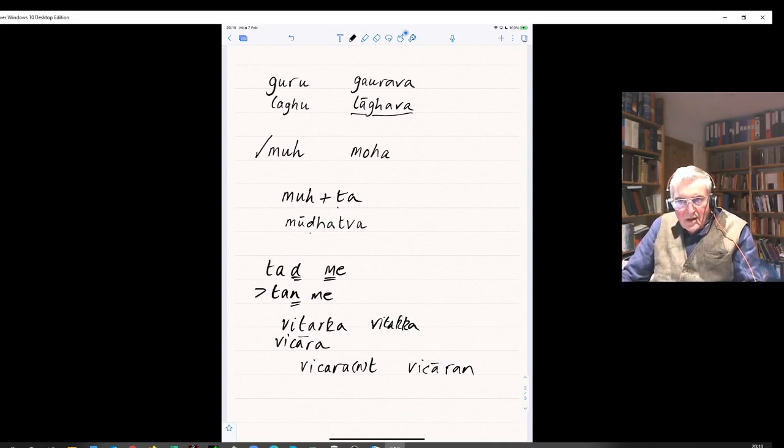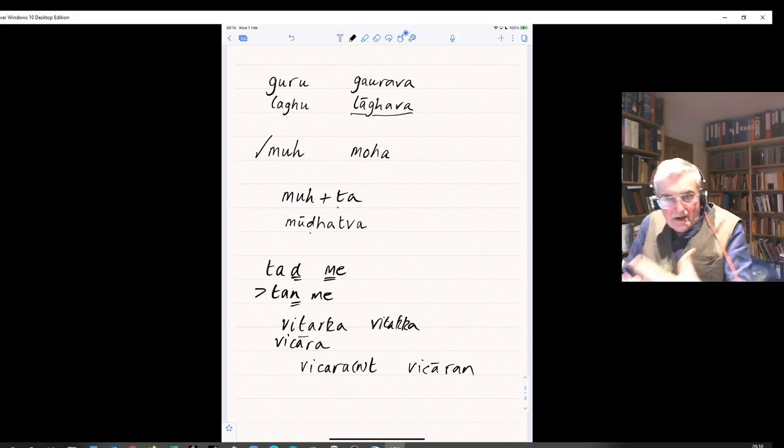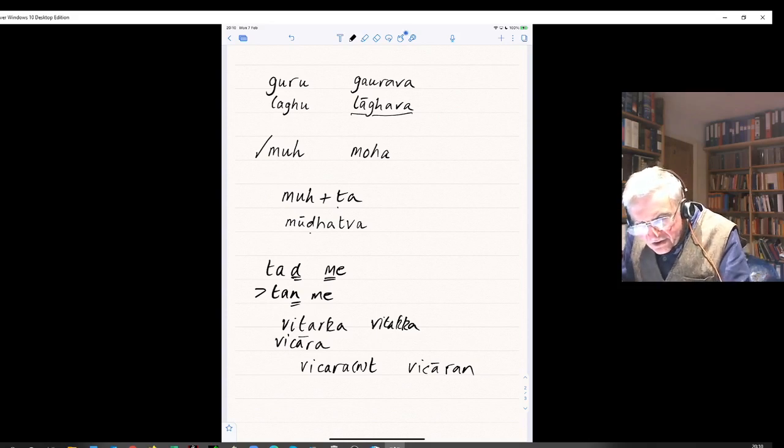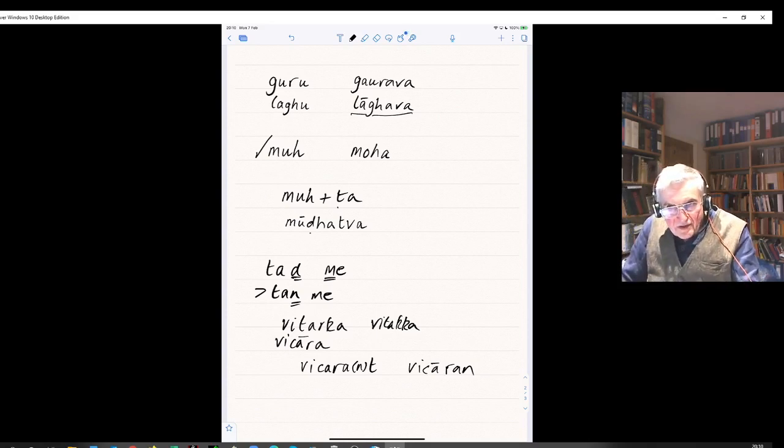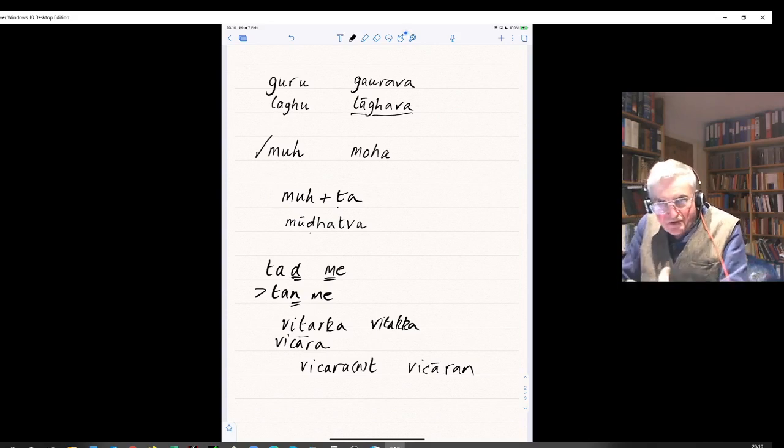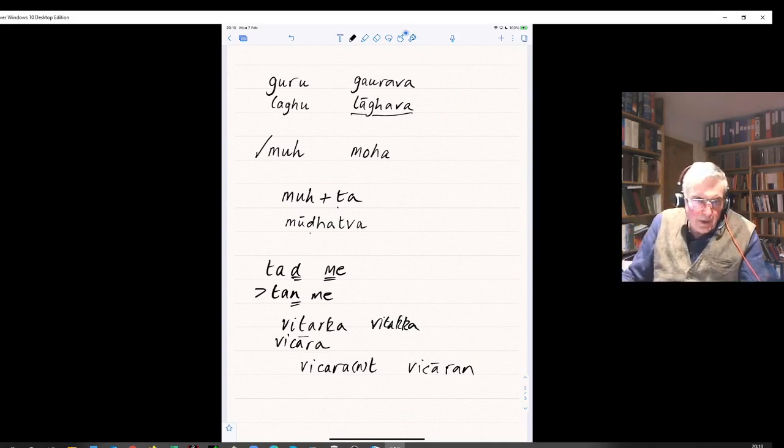That means there may be to me, tan me syat, syat is the optative form, there might be to me guru laghava mudhatvam, a lack of discernment between important and unimportant. Avicharata is in the genitive, to agree with me. Thus, of me, unconsidering, unthinking, there might be an inability to discern.